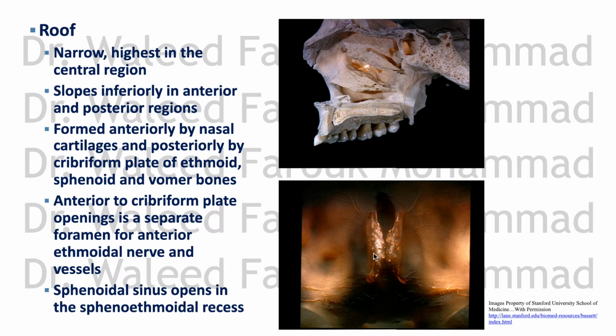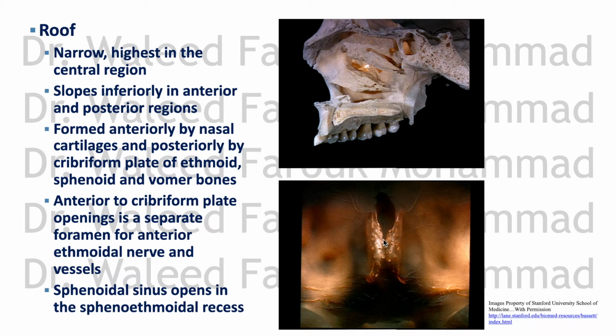Here is a picture of a dissection of the cribriform plate of the ethmoid, illuminated to make it apparent. And this is called the crista galli. It's like a ship sail in the anterior cranial fossa, and anterior to it you will find the foramen cecum, the one we're going to talk about later.